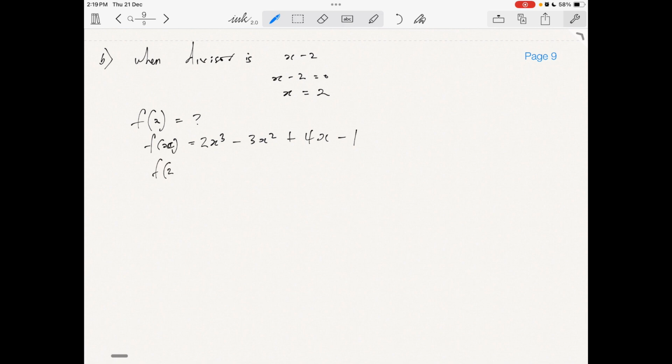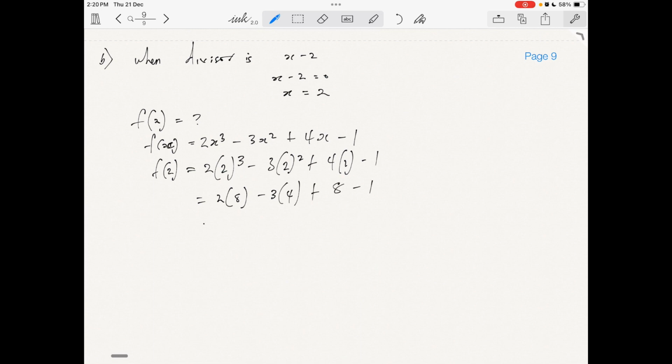So f of 2 will be 2 into 2 cubed minus 3 into 2 squared plus 4 into 2 minus 1. And now give us 2 into 8, right? Minus 3 into 4 plus 8 minus 1, and this will give us 16 minus 12 plus 8 minus 1, and our answer will be 11. So the remainder is 11, right?